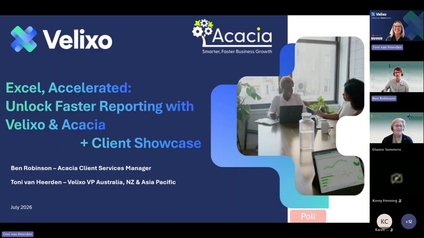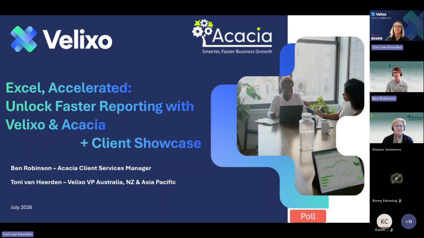Just before we jump into today's session, we're going to run a quick poll just to see where some of you are at. So I'm just going to launch that now. Just as that comes through, it might take a little bit of time. When it comes to exporting and importing data between MYOB Acumatica and Excel, what best describes your current situation?